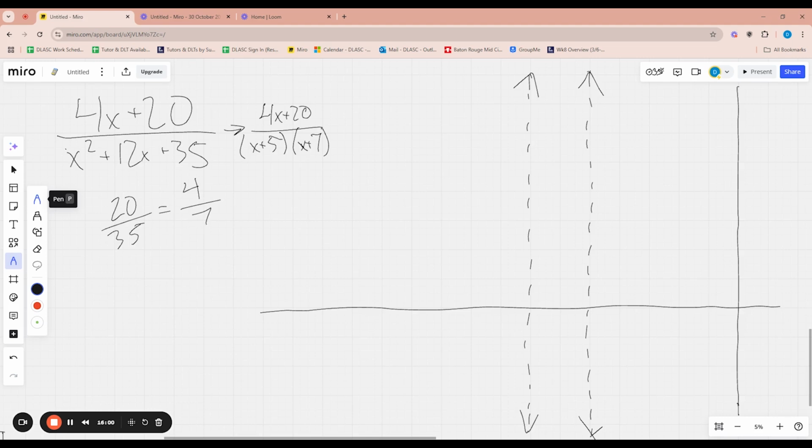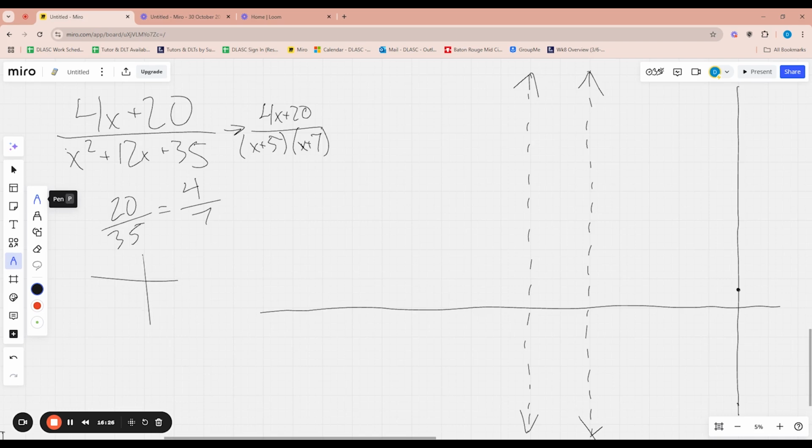And so, I don't exactly know where that is, but I know that it's probably going to be slightly above 1/2. So let's plot that point right there. And then we can do 1. So 4 times 1 is 4 plus 20, that's 24.